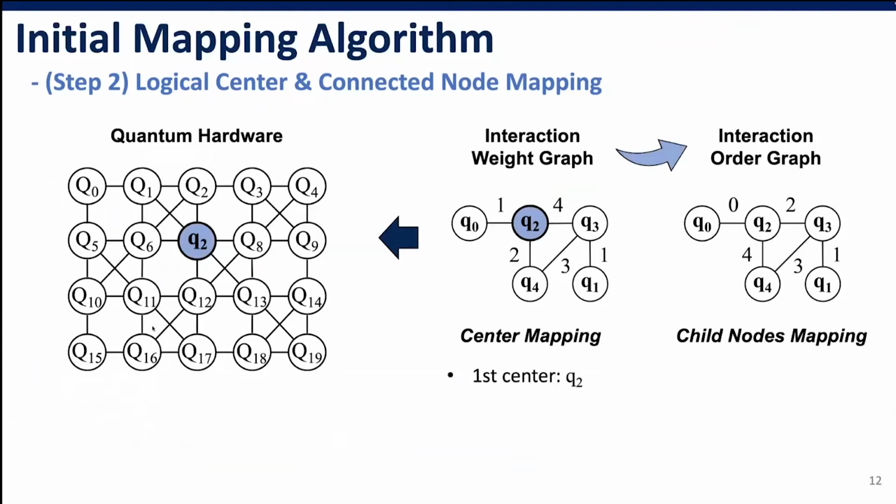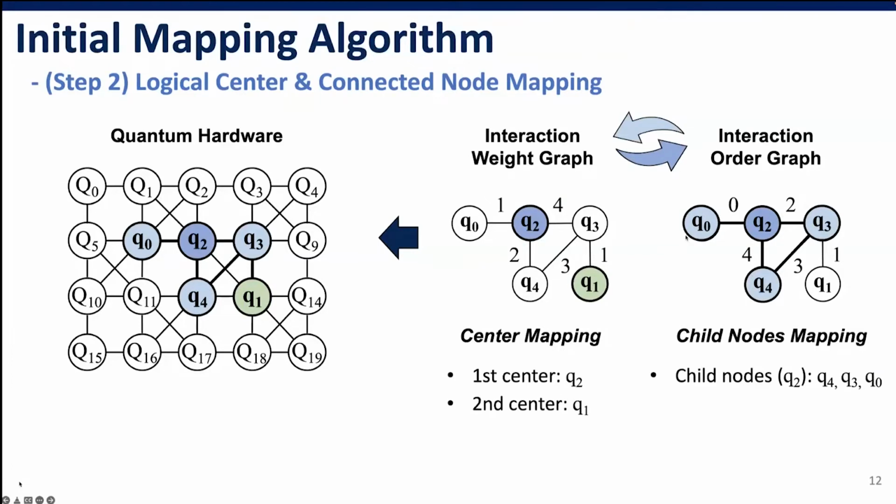After mapping the center, we expand the child nodes in the subtree using the interaction order graph. In this way, we can maximize the possible interaction for each center. Then we iterate these two mappings. After all graph matching is completed, we use the result as the initial mapping solution.